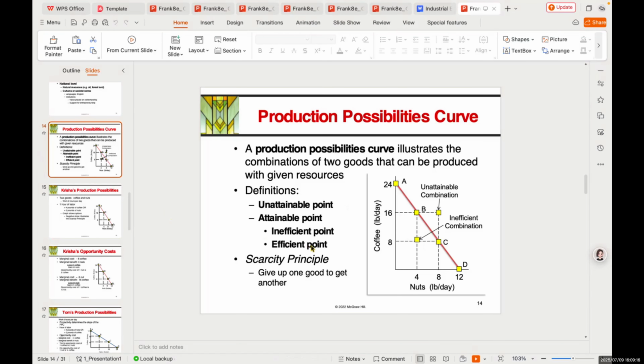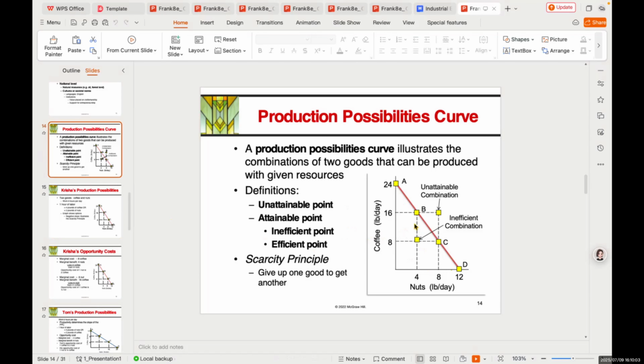By contrast, if we use the resources inefficiently, every point combination below the PPC can be produced. These points below the production possibility curve are called inefficient points, and both the efficient points and the inefficient points are called attainable points because it is feasible to produce them.